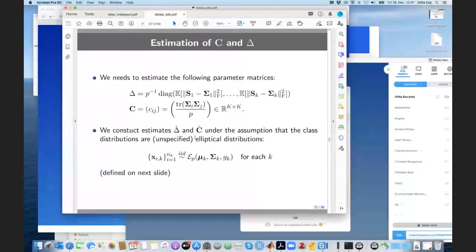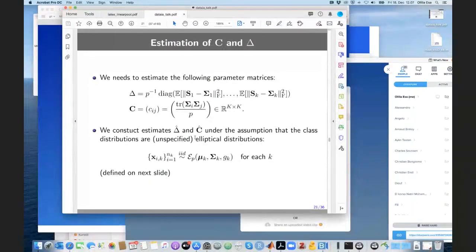And what we do to find these estimates is we make an assumption that these populations have elliptical distributions, but we don't specify from which elliptical distribution these samples are coming. So even the classes may have a different population distribution.